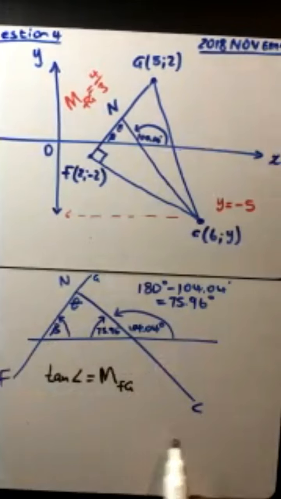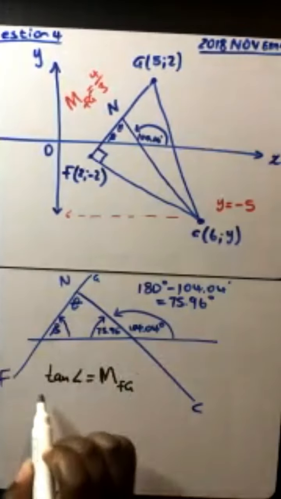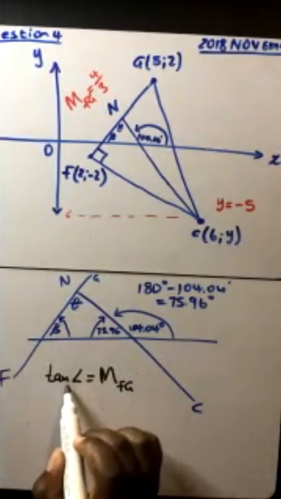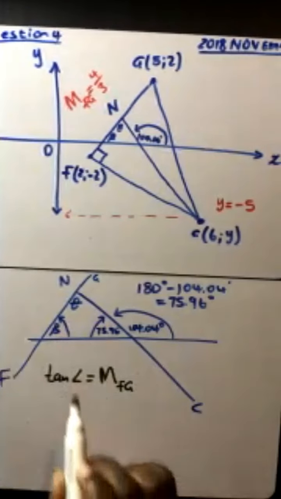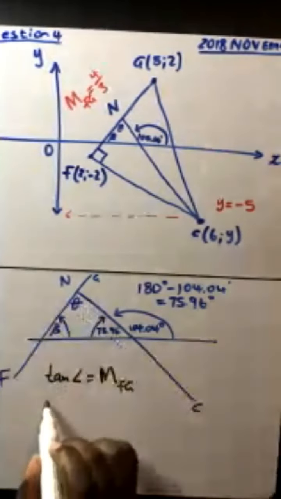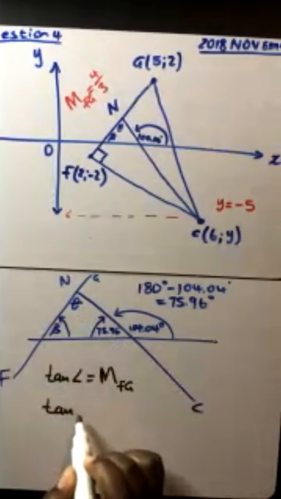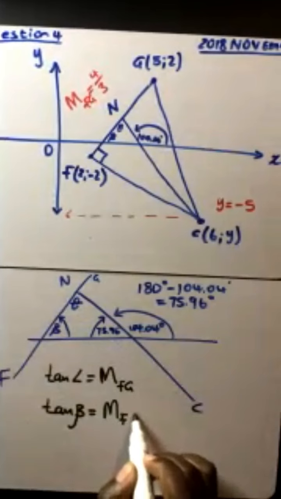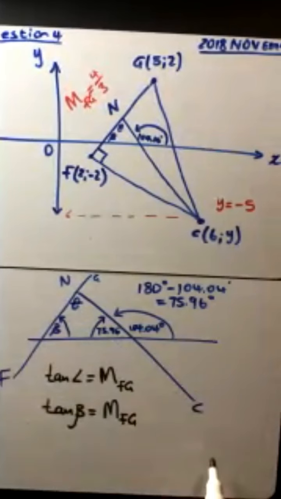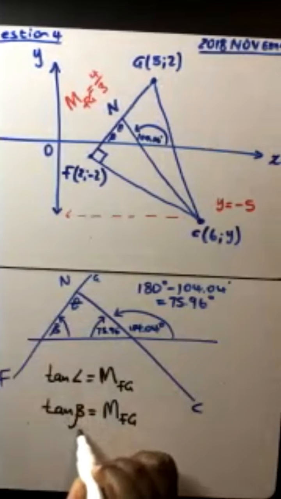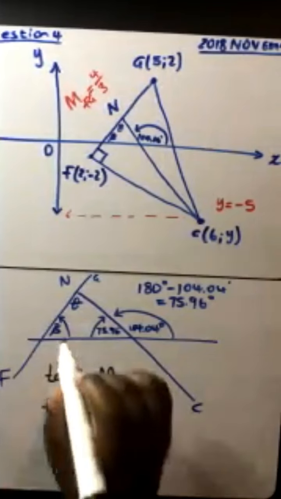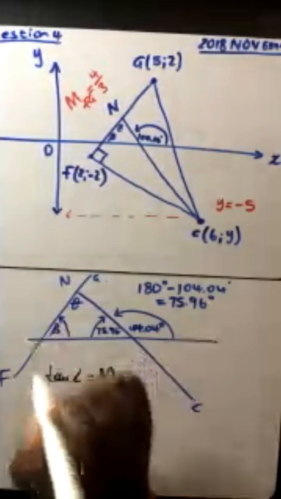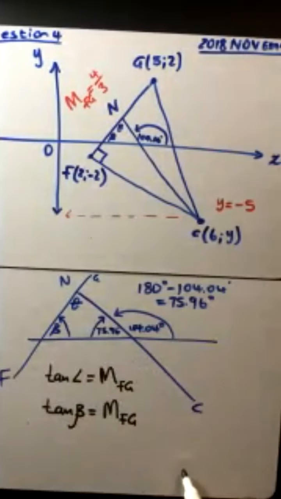So that means if we can equate these two and calculate that angle, which in this problem is represented by angle beta, we can equate it to the gradient of FG. So guys, the angle that we can calculate using this formula is going to be that angle over there.